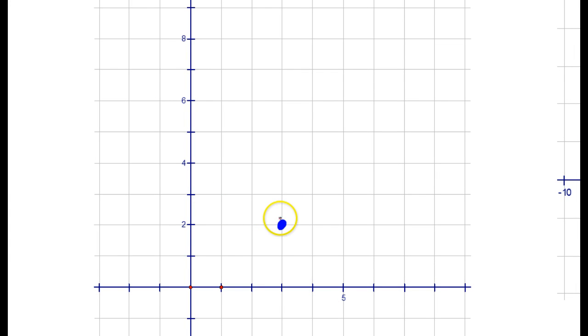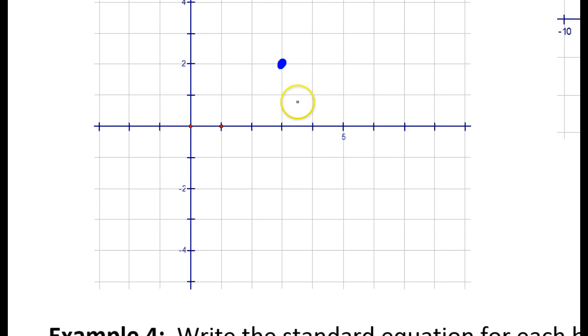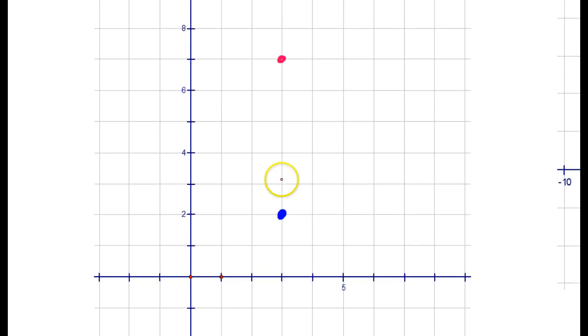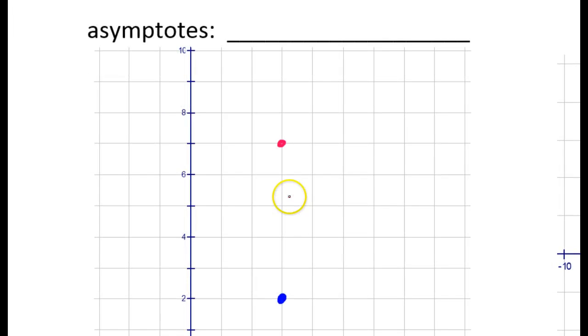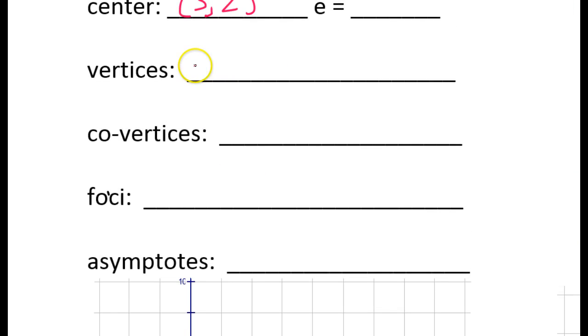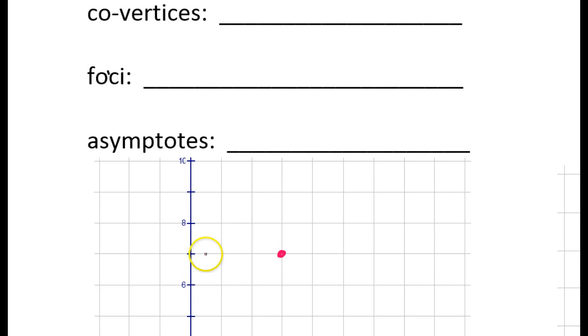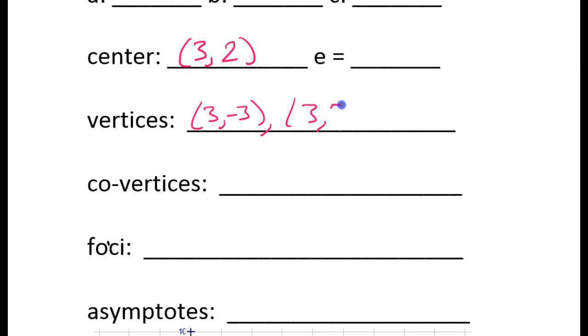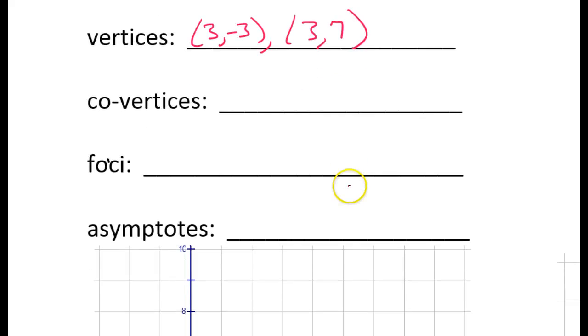So starting at the center, I will go up 5. All right, there's a vertex. And I will go down 5. Here's a vertex. So right away, I know that the vertices are 3, -3, and 3, 7. Okay, so those are my vertices.